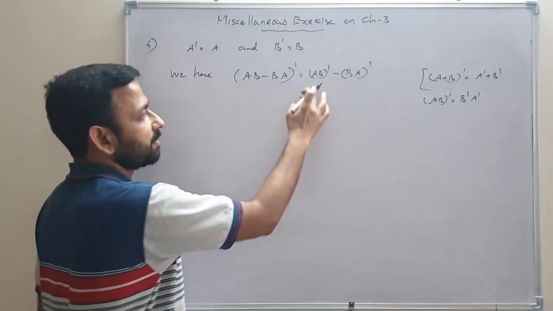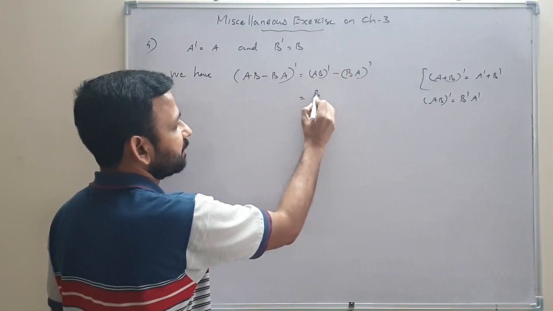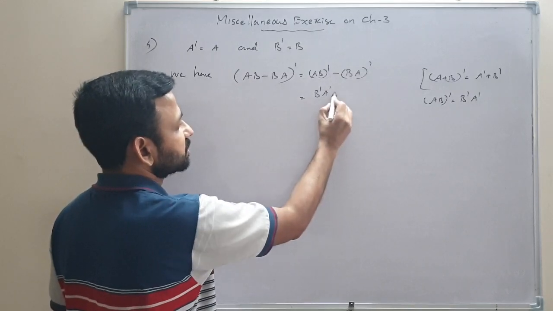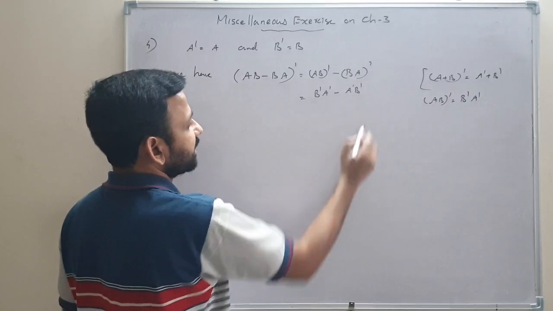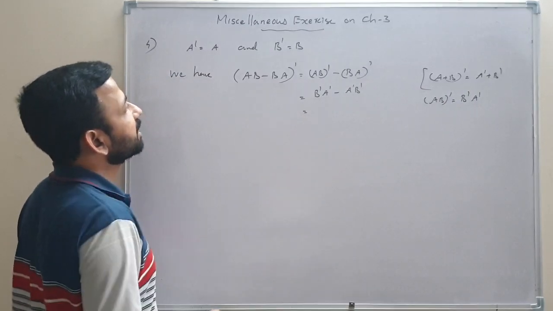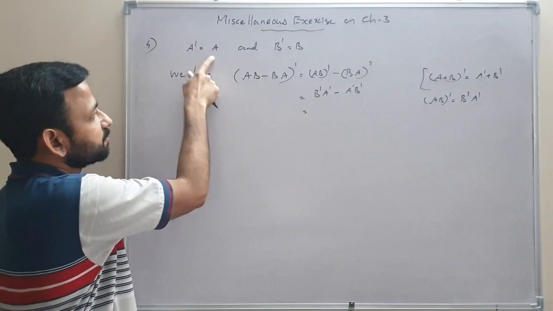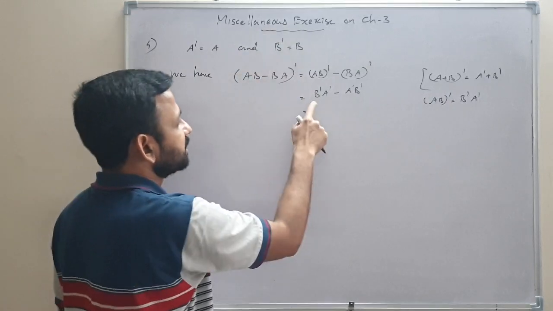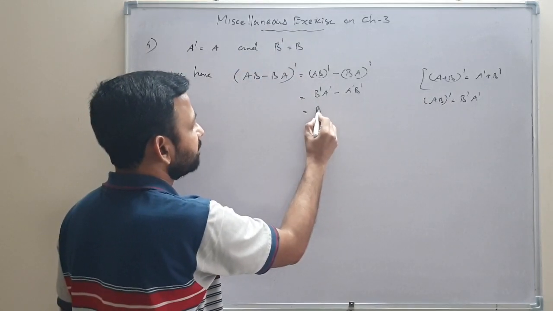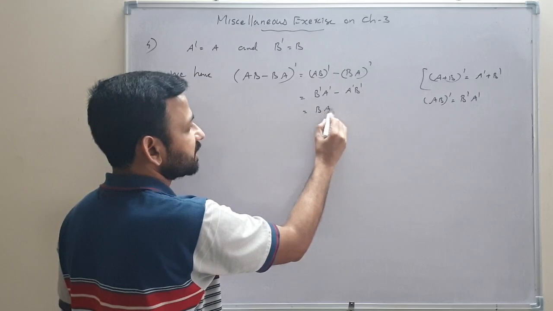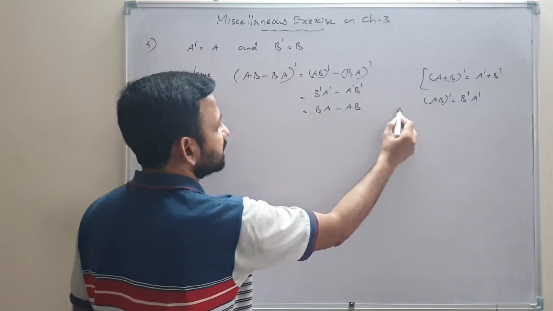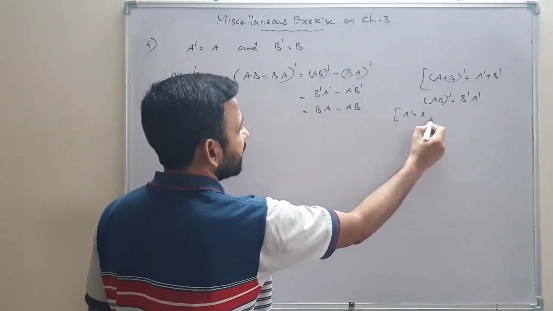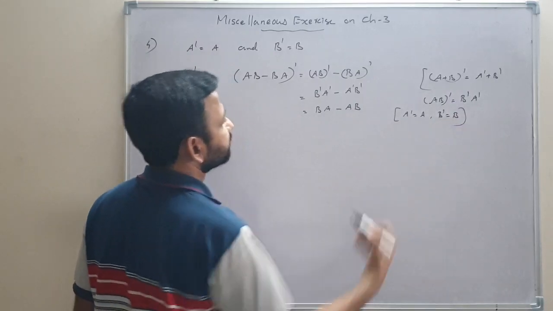So by using that property, AB transpose we can write as B transpose A transpose, minus (BA) transpose, that is A transpose B transpose. Here it's given A transpose is A, B transpose is B. So B transpose we can replace by B, A transpose we can replace by A, minus A transpose is A, B transpose is B, since A transpose is equal to A, B transpose is equal to B.